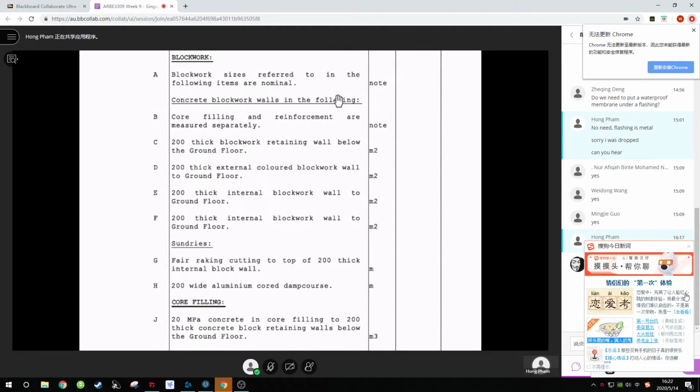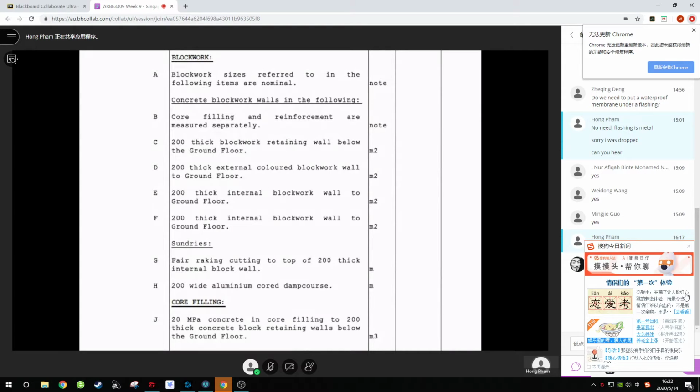Concrete block walls in the following: core fillings, 200 thick block work, retaining wall below ground floor, external colored block wall to ground floor, internal block wall to ground floor.